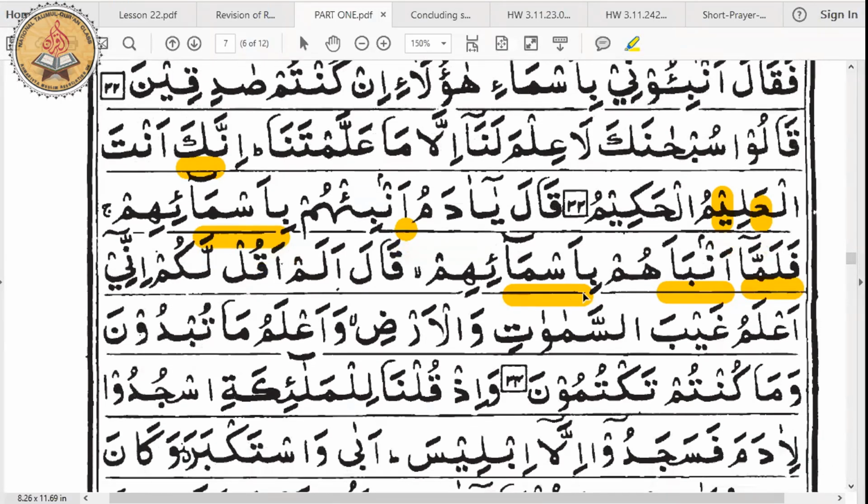Yes. Okay. Bi asma'ihim qala alam aqul lakum inni. Well done. Mashallah, you tried really well. Mashallah, you read really well. Jazakillah.